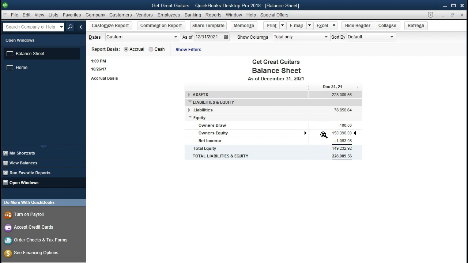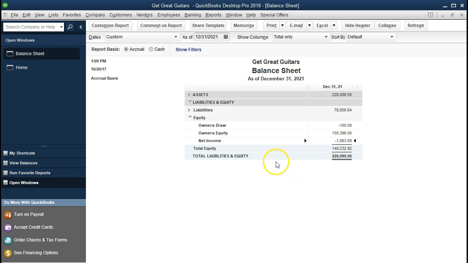The main account this represents for a sole proprietor, both the initial investment and the accumulation of revenue over time, minus most of the draws, except for the draws in the current period. The thing that's kind of funny about QuickBooks is that it actually breaks out both the net income and the draws on the balance sheet for the current period. That's unusual, but it's kind of nice.